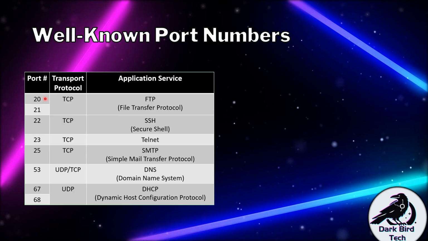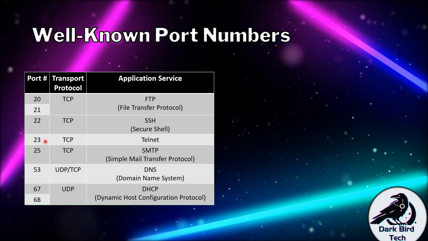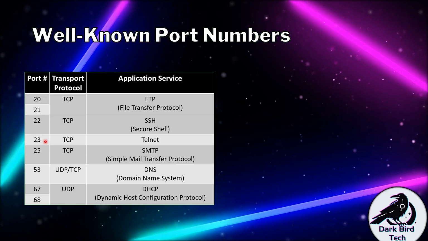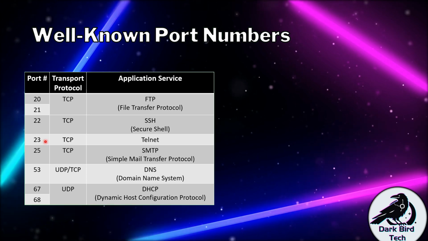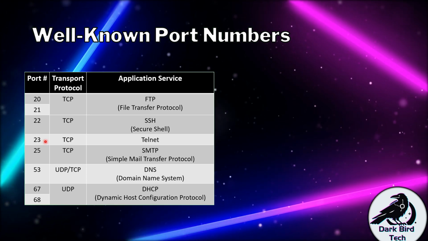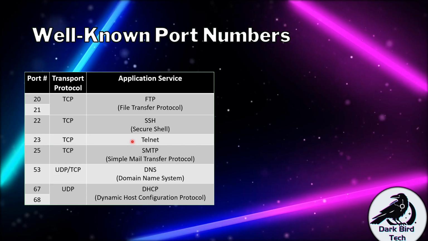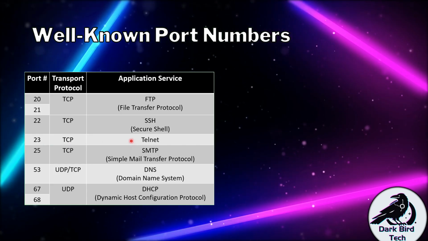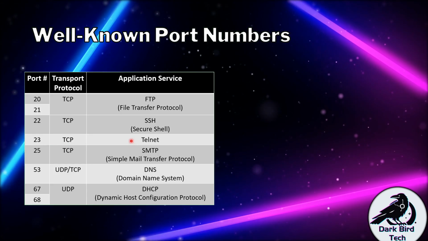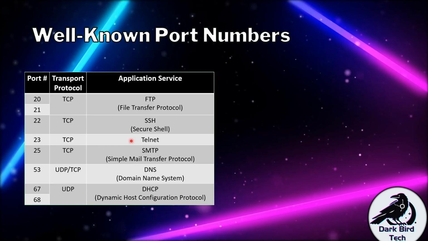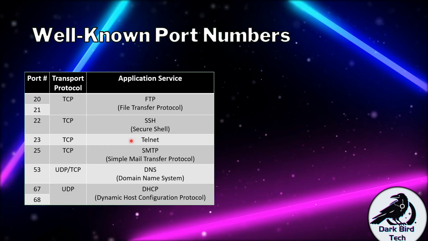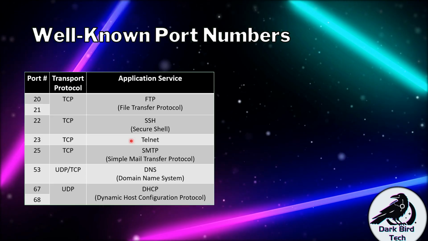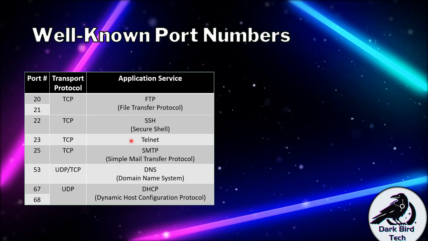Now the next one that you'd be keen to know is port 23. I want to do port 23 first because Telnet came out before Secure Shell, or SSH. Telnet, thankfully that's the full name, was one of our first remote administration protocols, giving us the ability to remotely access and administrate another device, whether that device be a router, a switch, a server, whatever.